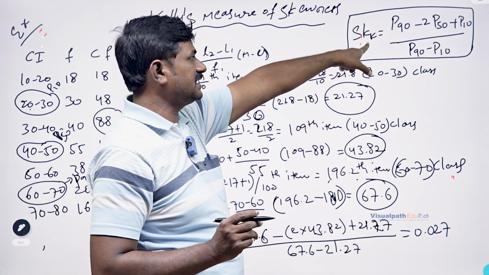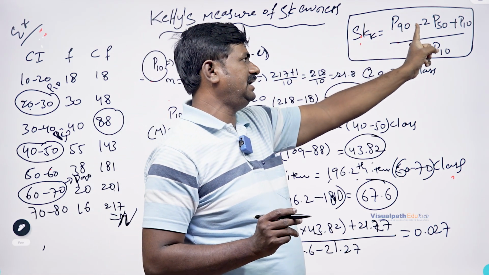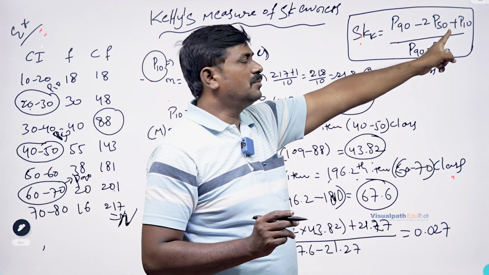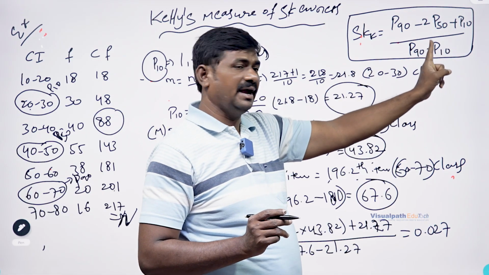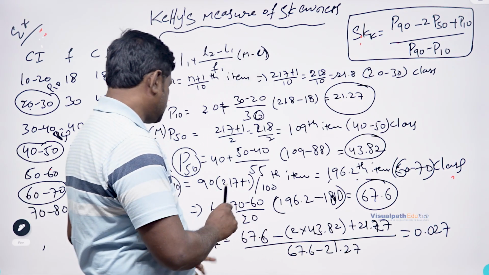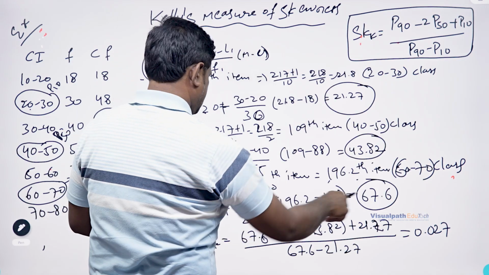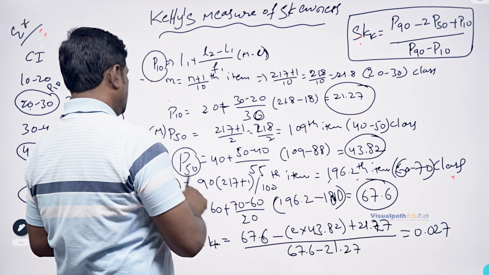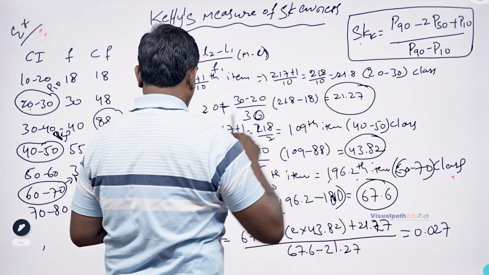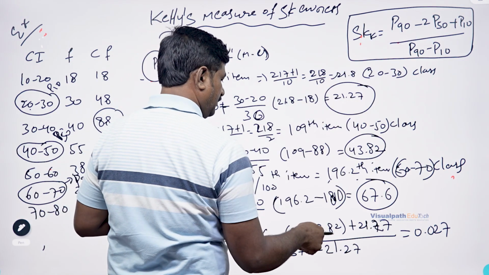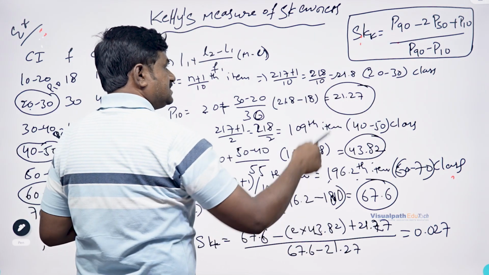Coefficient of skewness with SKK is equal to P90 minus 2 P50 plus P10 by P90 minus P10. Then here we need to substitute. So P90 is 67.6 minus 2 into P50. What is the P50? 43.8 plus P10.